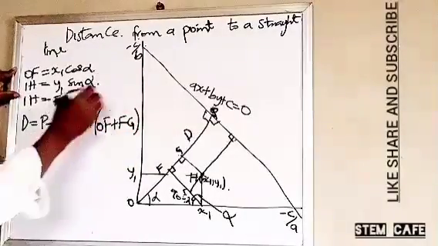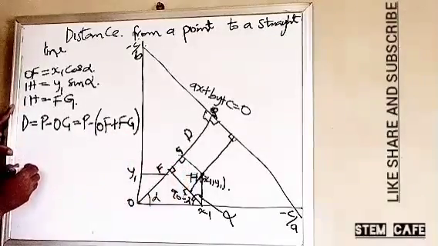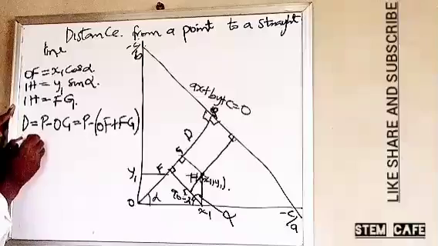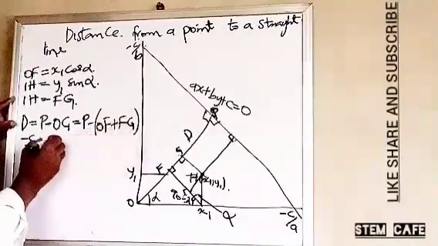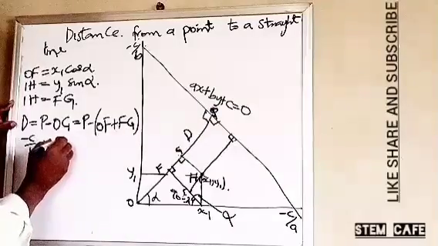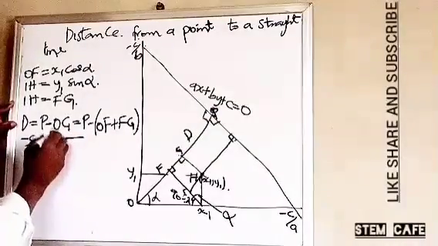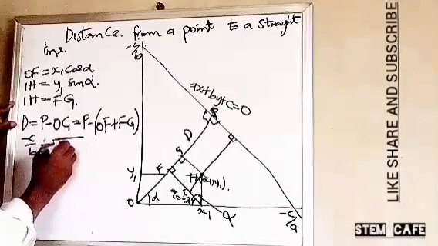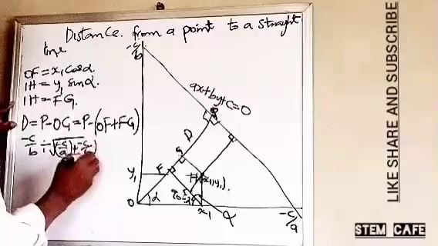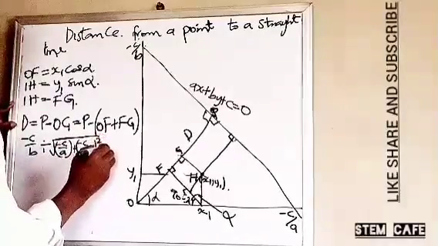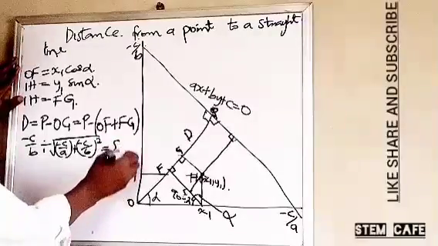What is our cos alpha? Our cos alpha is minus C over B divided by the hypotenuse here, that is the square root of minus C over A all squared plus minus C over B all squared. That's cos alpha.